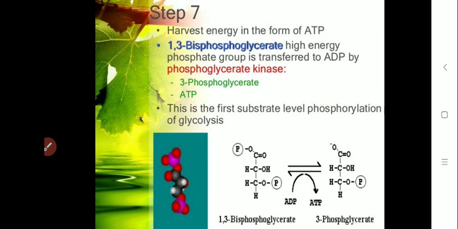This formation of ATP is referred to as substrate level phosphorylation, because the phosphate donor, which is 1,3 bisphosphoglycerate, is a substrate with high phosphoryl transfer potential.